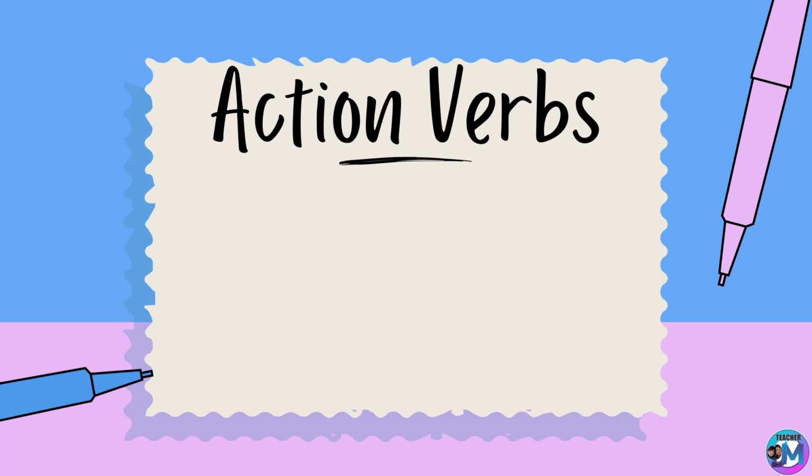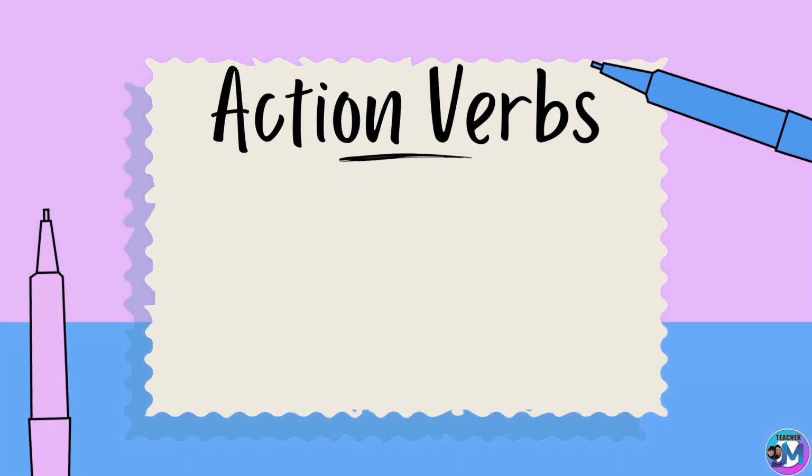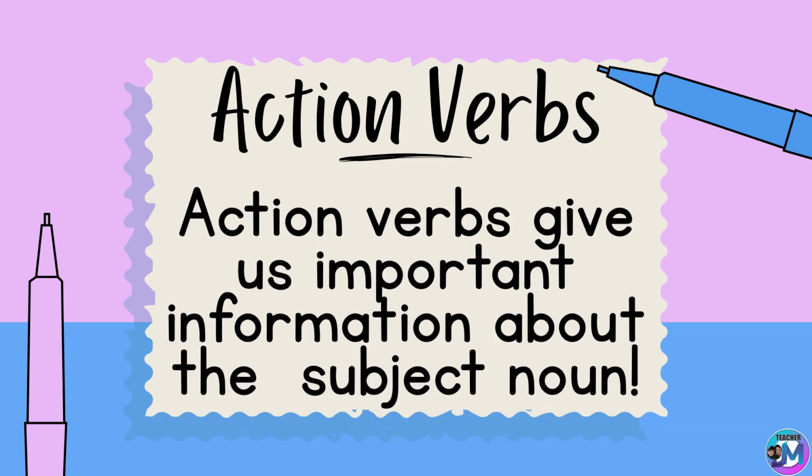If your answer is action verbs, you're correct. Action verbs are used to show something a subject is doing or thinking in a sentence. So that means action verbs give us important information about the subject noun.